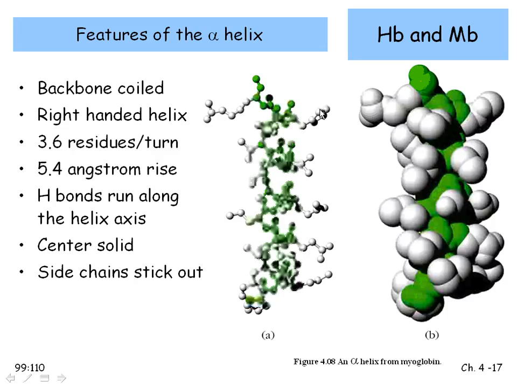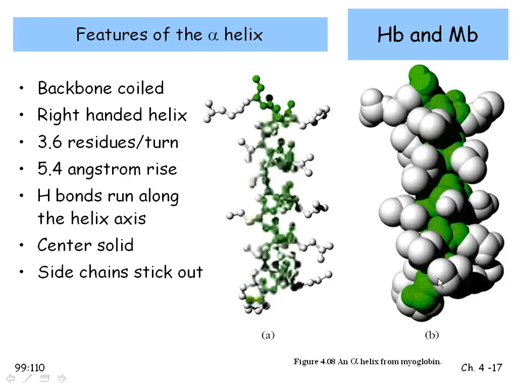There are about 3.5 residues per complete turn. It's about 5.5 angstroms from one turn to the next. And the hydrogen bonds are running up and down along the long axis of the helix. So the hydrogen bonds are pointing up and down to connect one coil of it to the one above it or the one below it.